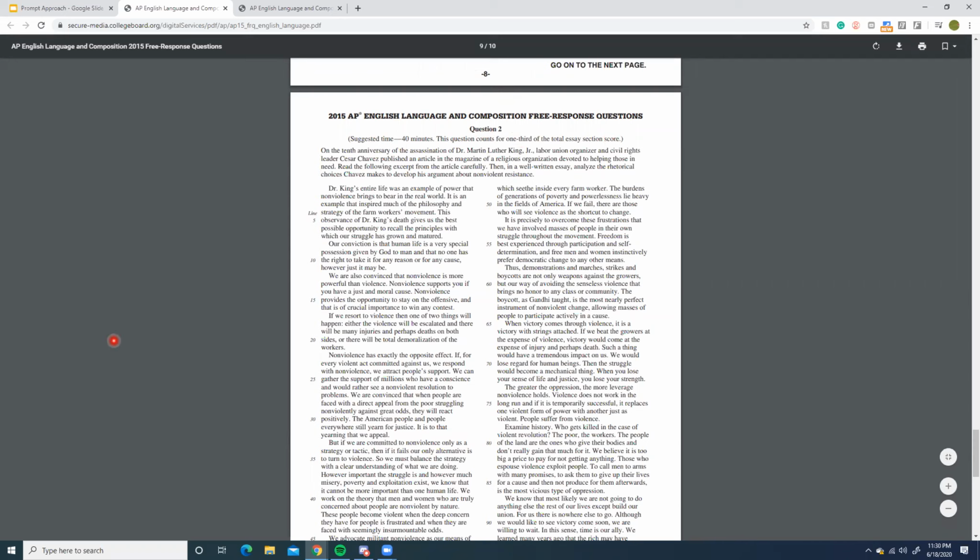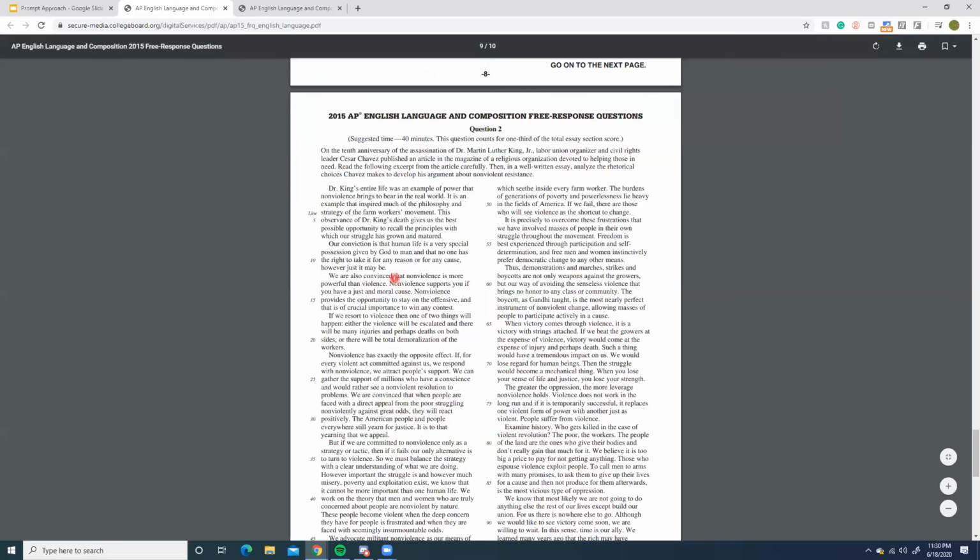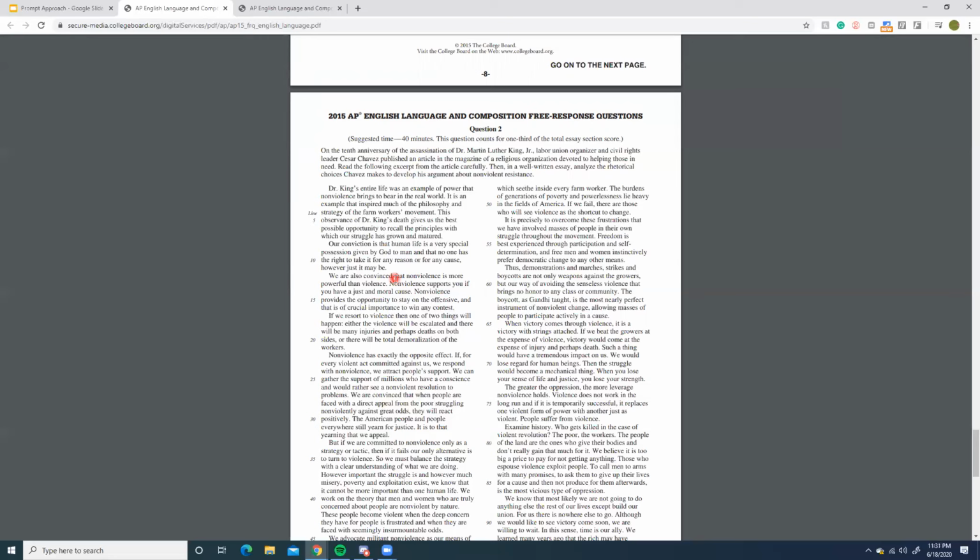So this blurb right before the actual speech itself, that I'm circling, is probably the most important part of the prompt. That's debatable, but what I'm trying to say is that it's very important to how you approach the question and the essay.